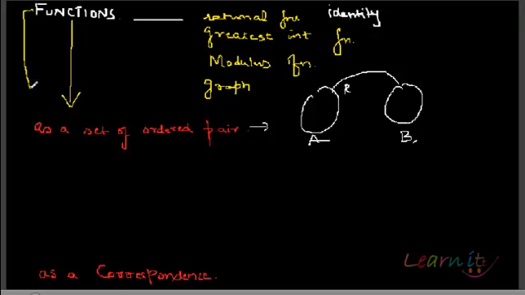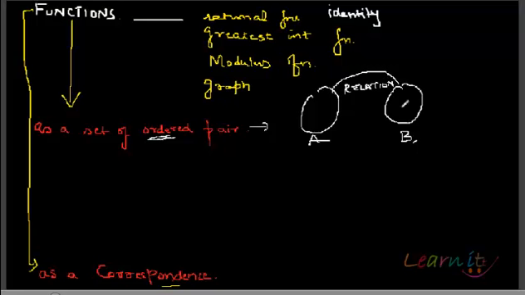Mathematical functions can be defined in two manners. You can look at it as a set of ordered pairs, and also as a correspondence between the elements of two sets, A and B. So in that sense, it's a relation.